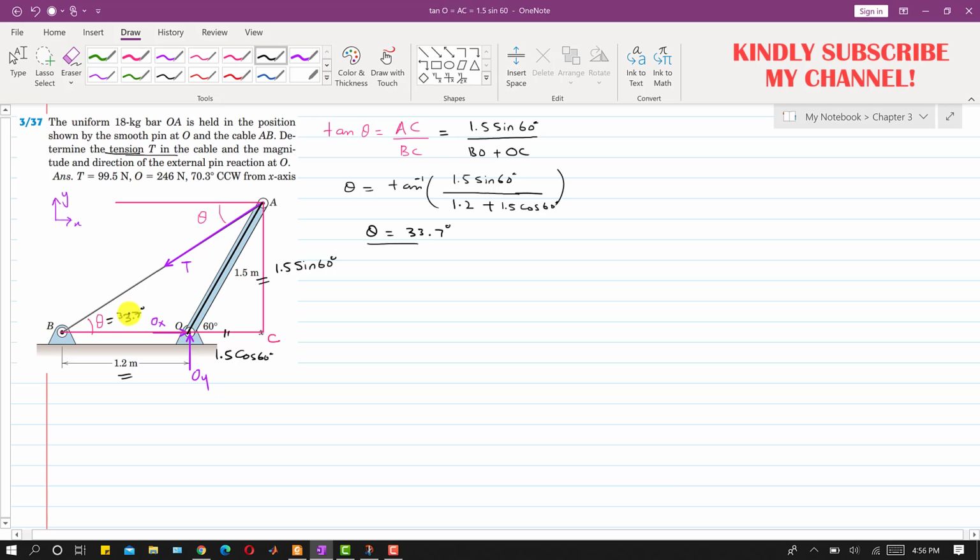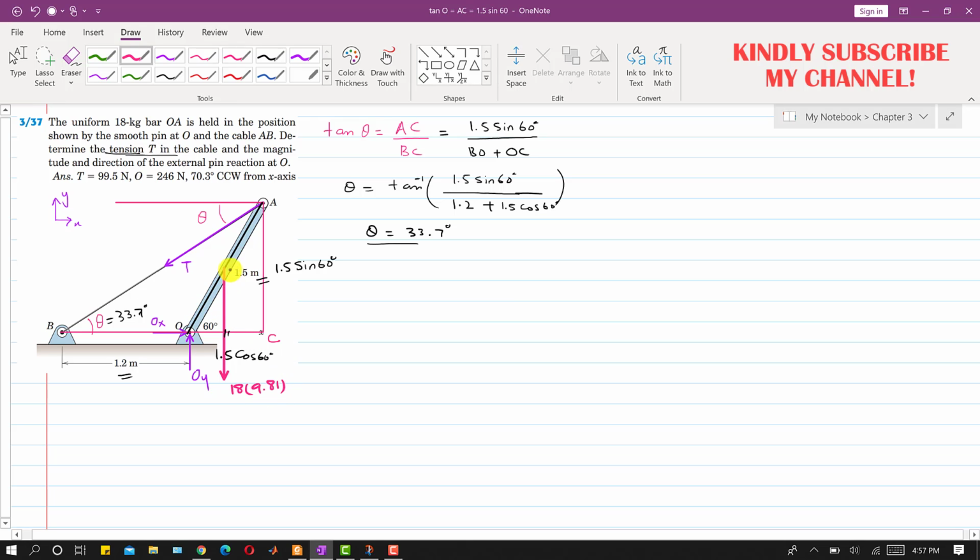Now we know this theta, which is equal to 33.7 degrees. Now if we represent the weight of this OA bar, the weight will be acting at the midpoint of this 1.5 meters. The mass of this OA bar is 18 kg, so that weight will be acting somewhere here, and this weight will be 18 into 9.81.